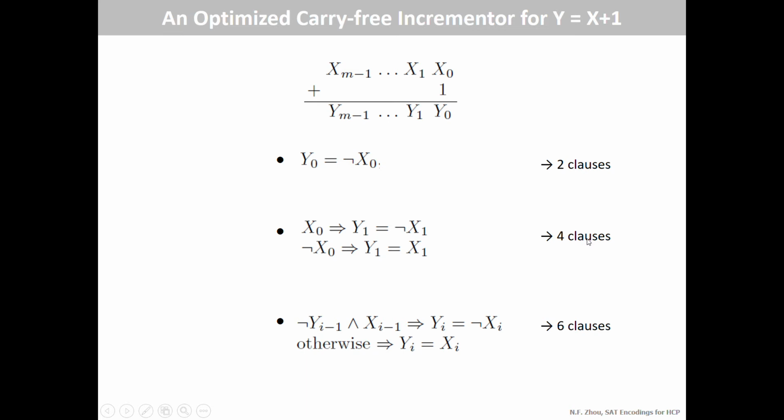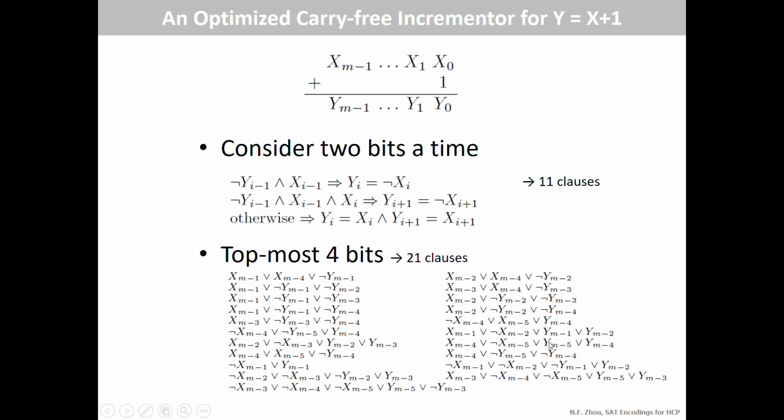For each of the other bits, if there's a carry, then these 2 are complementary, and otherwise these two are the same. For each bit, we need 6 clauses. Actually, we could do better. Instead of considering 1 bit at a time, we can consider 2 bits at a time.